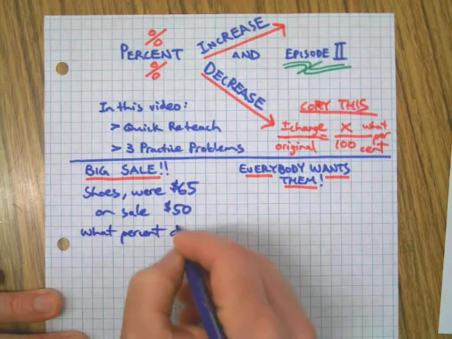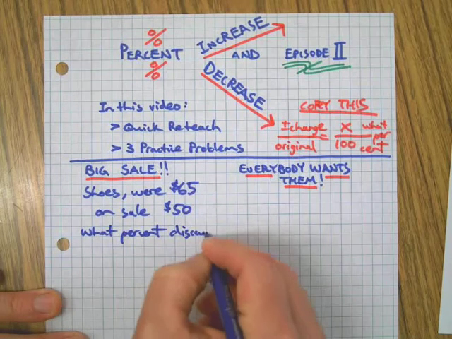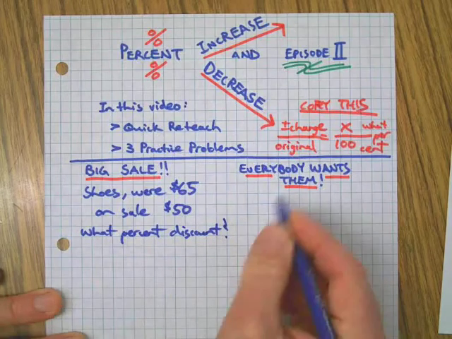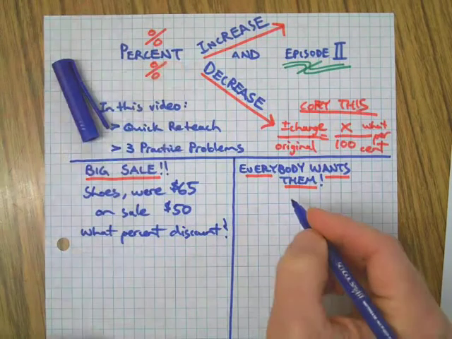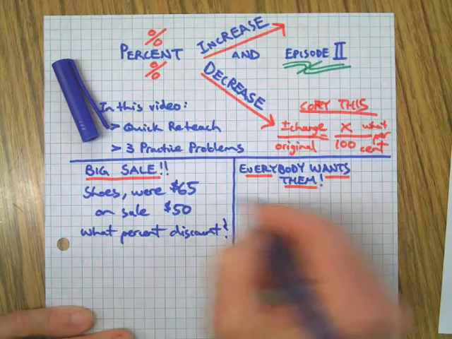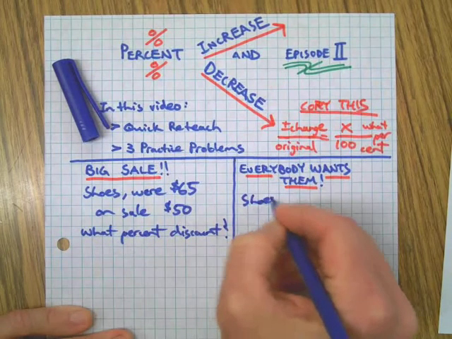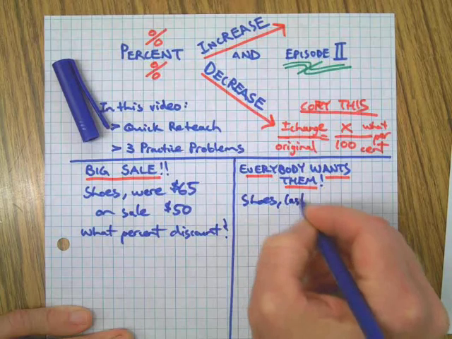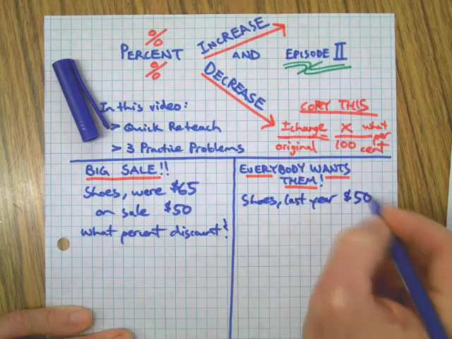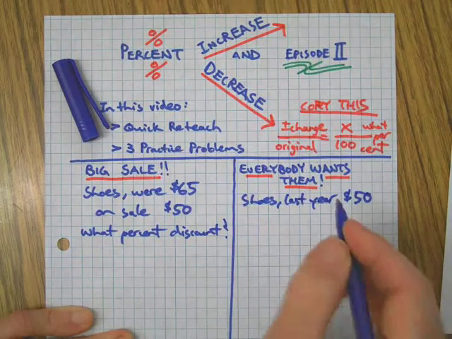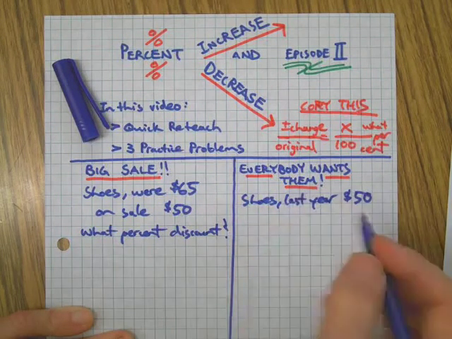Now the reason I have two problems side by side here, you'll see in a second. This other problem, we're going to do these side by side. These shoes last year were $50. Everybody wants them. People are freaking out. People are buying them. The company can't make enough.